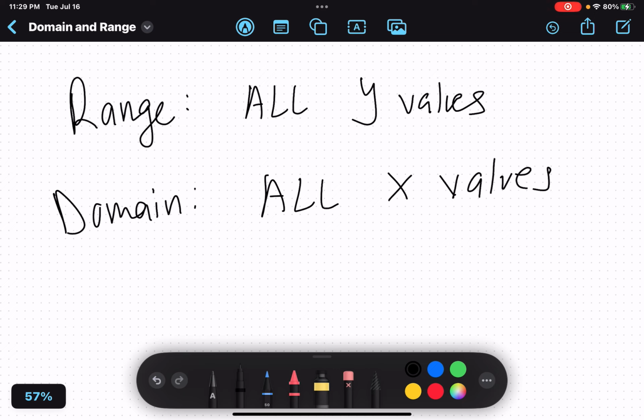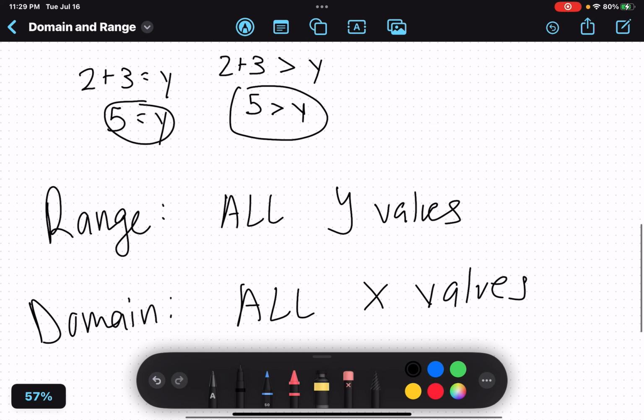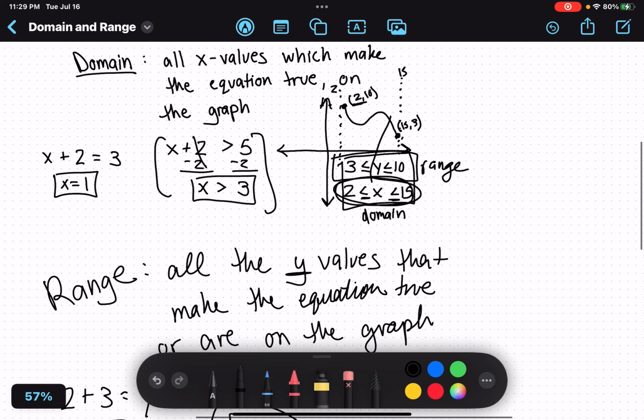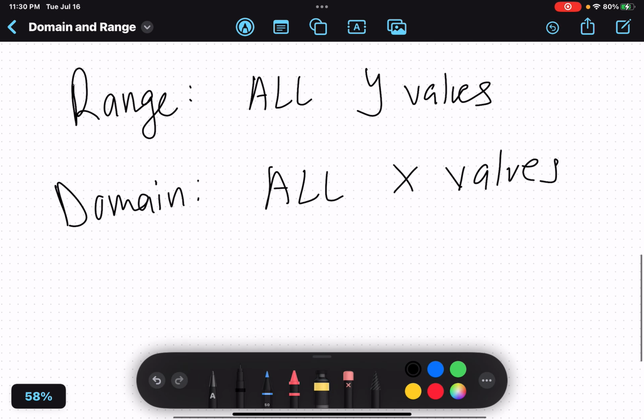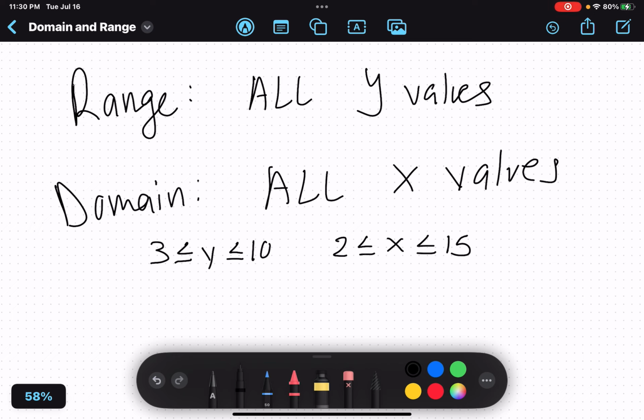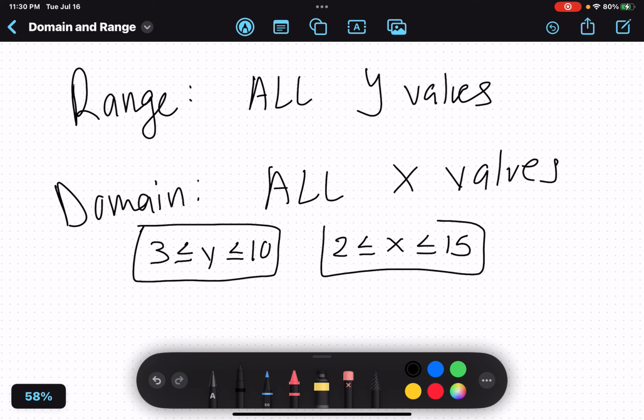Now, there is some notation you must know when writing out the domain and range, specifically in intervals. Let me take this example over here. Y is between 3 and 10 inclusive, and x is between 2 and 15 inclusive. If you were to write this as an answer, it would be completely fine. This is correct.